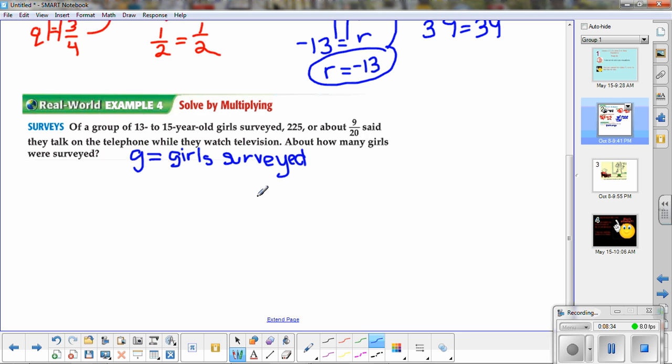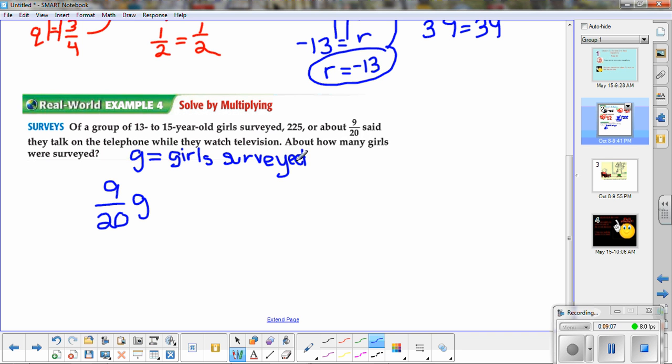Now, if we go back and read the problem, it says of a group of 13 to 15-year-old girls surveyed, 225, or about 9/20ths, said they talk on the telephone while they watch television. So 9/20ths of the girls surveyed. 9/20ths of the girls would look like this: 9/20ths G. 9/20ths of the girls means 9/20ths times the number of girls.